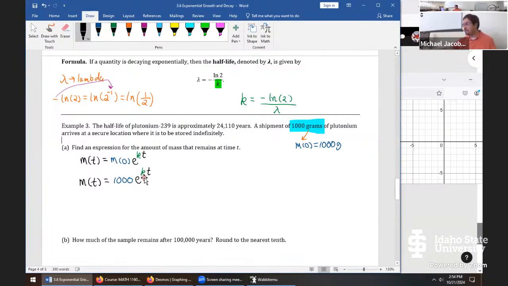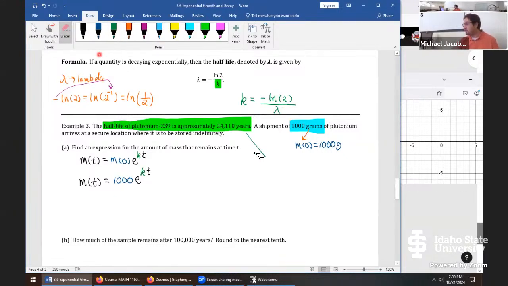So our last thing we have to do is solve for that decay rate. But this example 3 is a lot different from example 2. There's not a second equation like this one from which we can get that decay rate. But what we do have is information about the half-life. We're told the half-life of plutonium-239 is 24,110 years, and that means it goes right here for lambda. Let's write this out in stages.